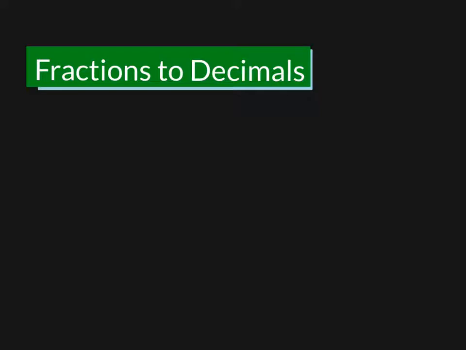Let's try another example, 3/8. How would we express this fraction as a decimal? Again, we're going to divide the bottom number into the top number. So 8 goes into 3.